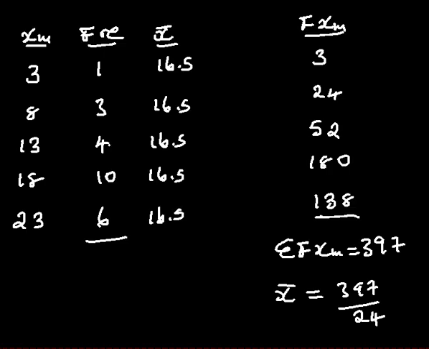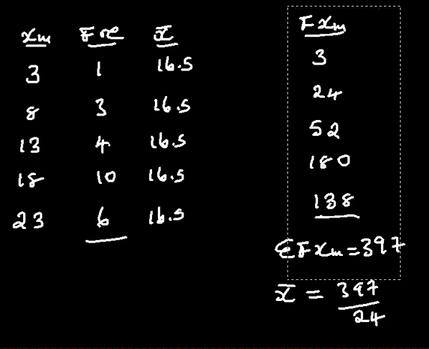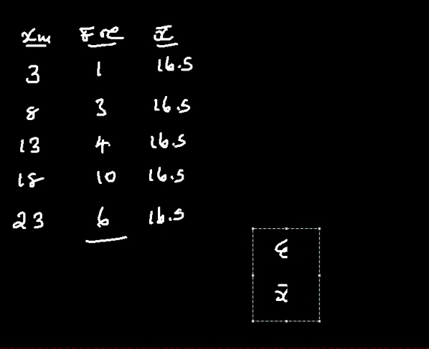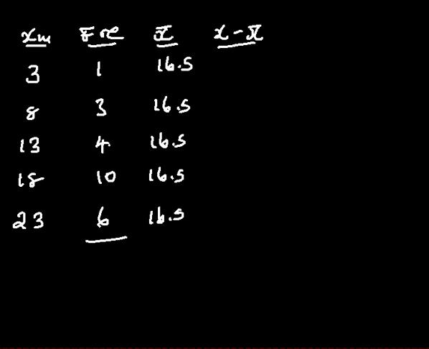Then I wish to have another column as usual, that is x minus x bar, the deviations from the mean. I also wish to have another column for the square of the deviations from the mean, and also the frequency times the deviations from the mean square.